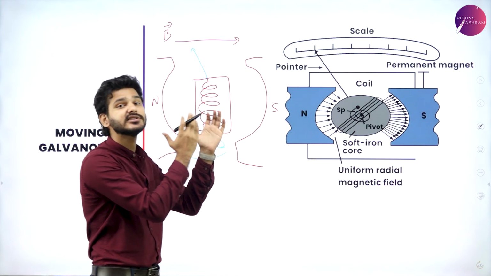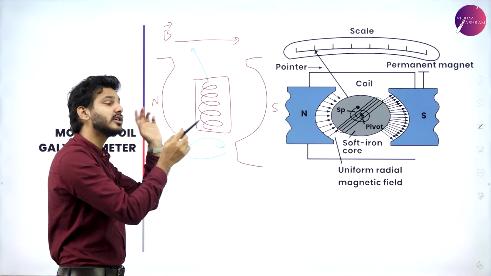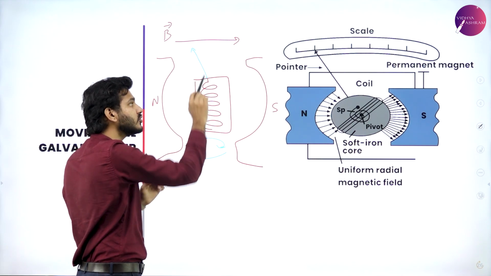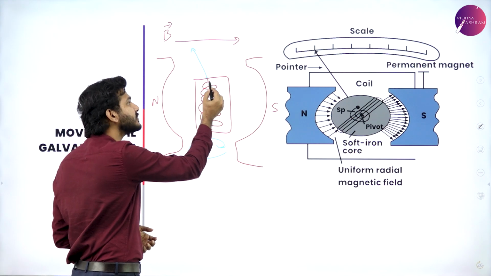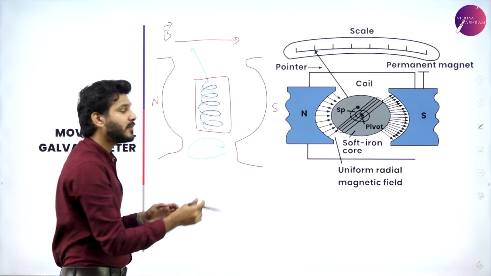As soon as it starts to rotate, the needle will also deflect along with the coil's rotation. So when the needle moves along with the coil, what is being wound up? A spring is being wound up.